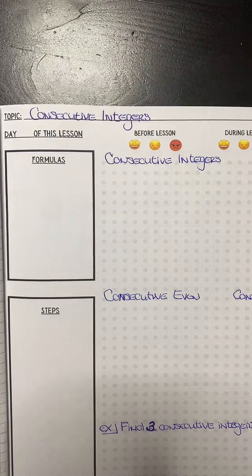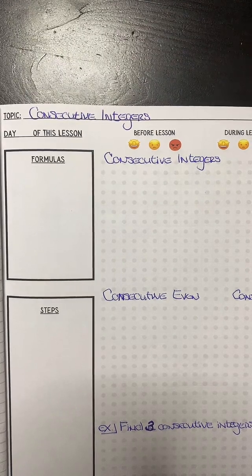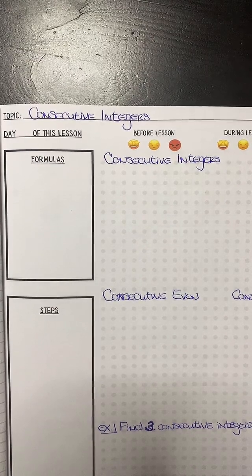All right, so this is what we're going to be doing. When we are talking about consecutive integers, consecutive meaning one after the other, let's break it on down.